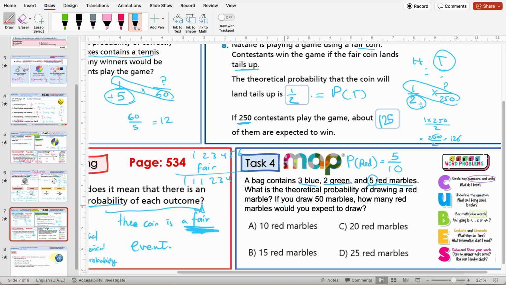Now, if you draw 50 marbles, how many out of 50 are going to be red? Red is 5 out of 10. So how many out of 50? Butterfly method. Okay, so it's going to be 5 times 50 out of 10. 5 times 50 is 250 out of 10, which is basically 25. 25 red marbles.